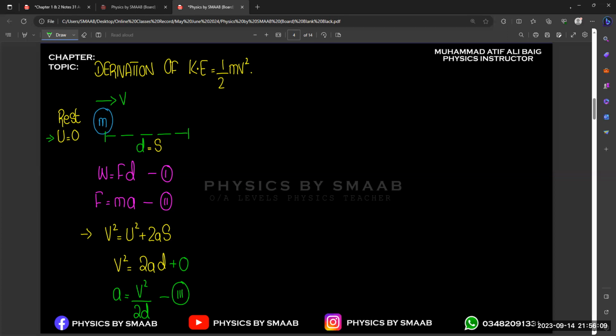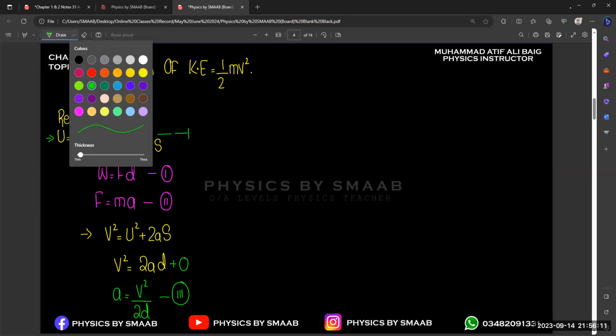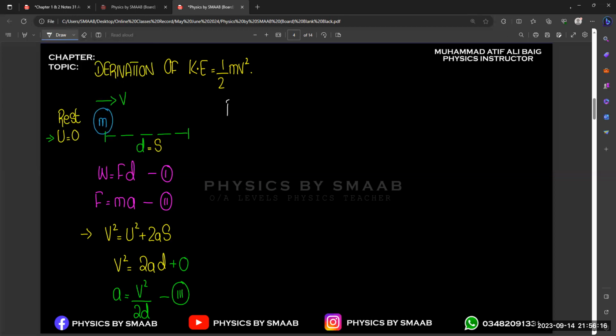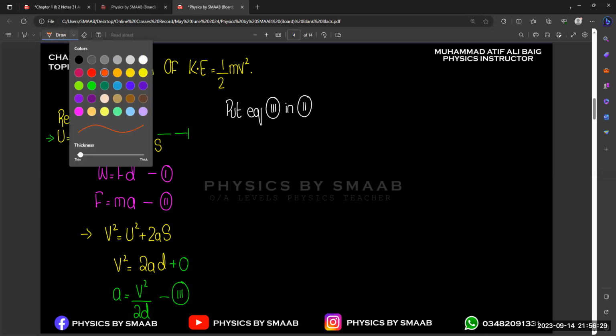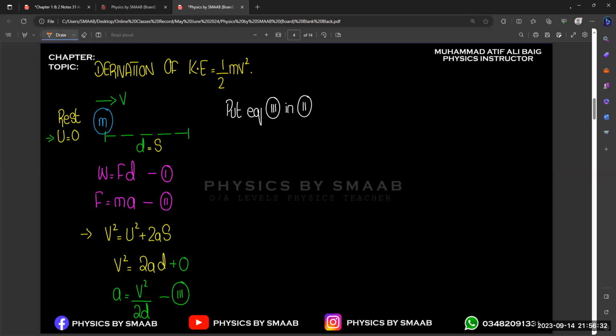Now let's substitute this equation in equation number 2. So equation 2 will become F equals m into v squared over 2d, right?